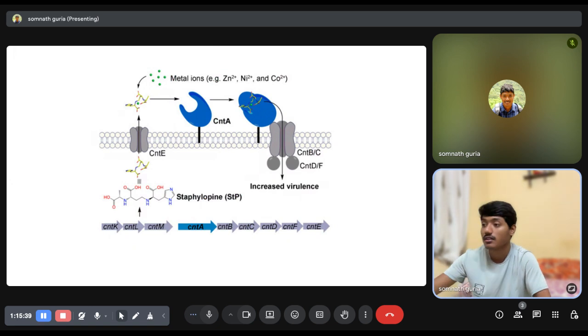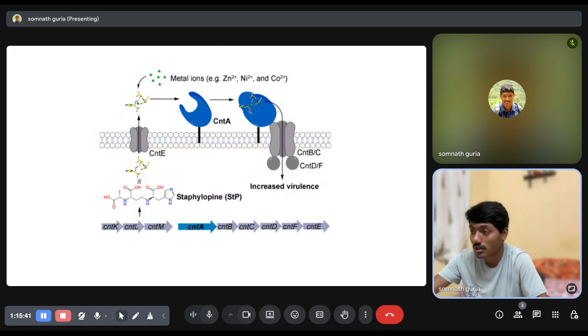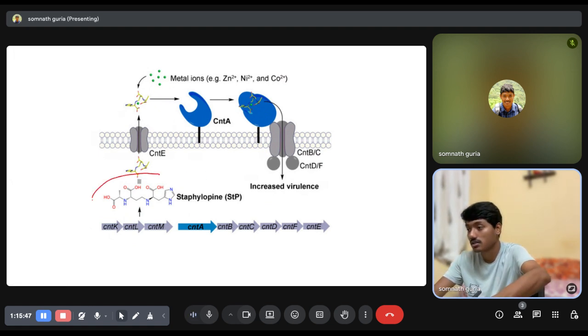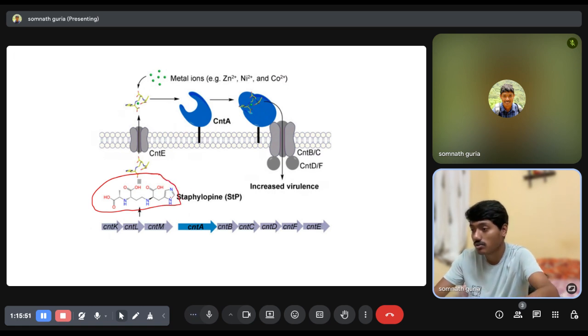Yes, this is the cephalopin, another kind of siderophore. This cephalopin molecule will actually bind with the zinc, nickel, and cobalt.